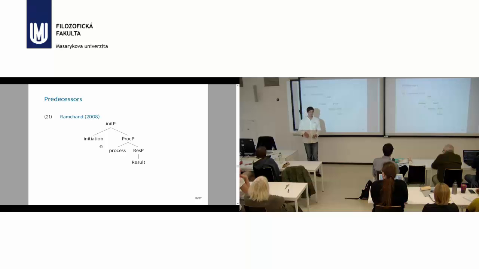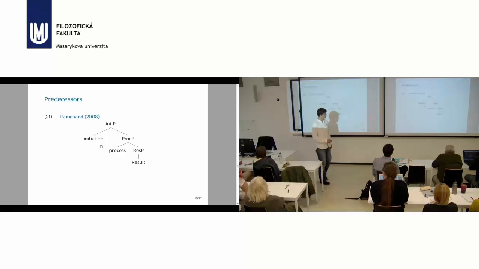There's transitive verbs, there's intransitive verbs, there's telic verbs, there's atelic verbs, and so on and so forth. Okay? What she basically said is that, instead of saying that there's this kind of overarching category of verb, you can decompose any verbal eventuality into the maximum of three components.